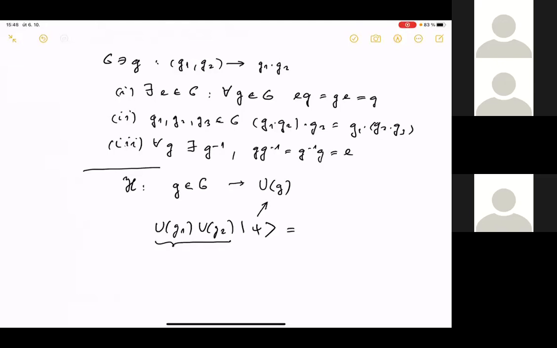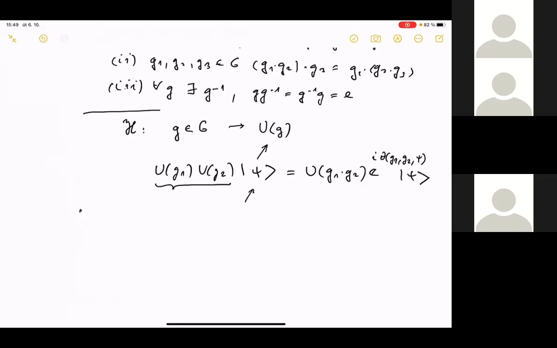The transformations corresponding to two elements of the group should be composed to the transformation G1 times G2, because we suppose that the algebraic structure of the group is preserved on the Hilbert space. But since the states are determined up to a phase, there could be a phase which depends on both G1, G2, and probably also on the state vector psi on which this product of two symmetries acts.